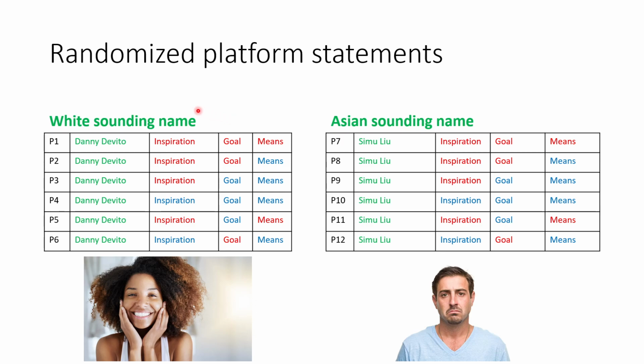No one could say that, because we're randomizing everything. We have complete equivalence across these two conditions in the statements people are seeing. The only real systematic difference is whether they're seeing one name versus the other.